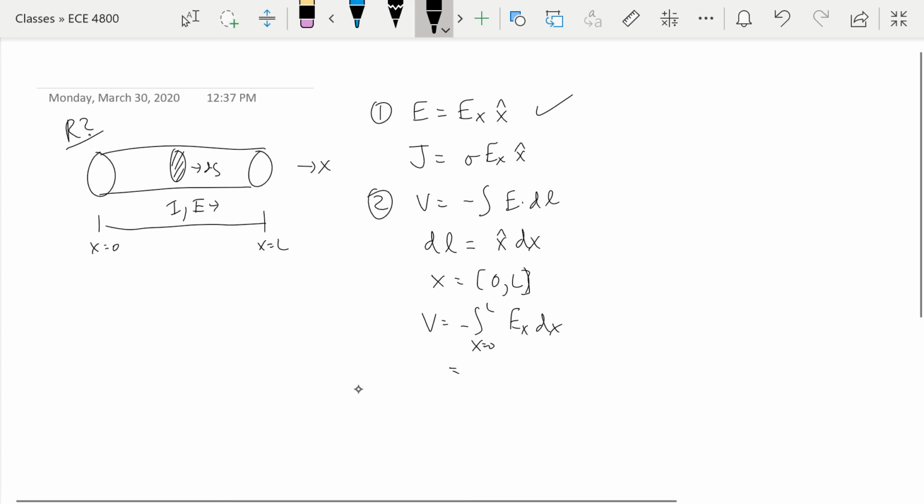We are assuming that the electric field is not changing as you move from left to right. It's a constant electric field. And so the integral of dx is equal to x, and this becomes E_x times L. Okay, so hopefully everyone sees how I got that. There should be a negative sign here.